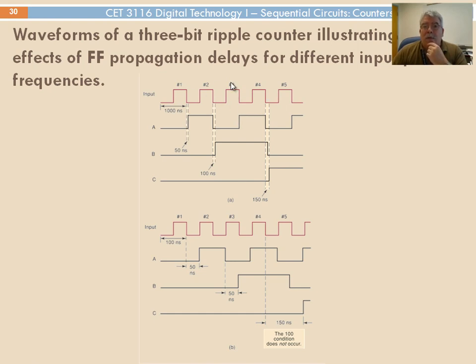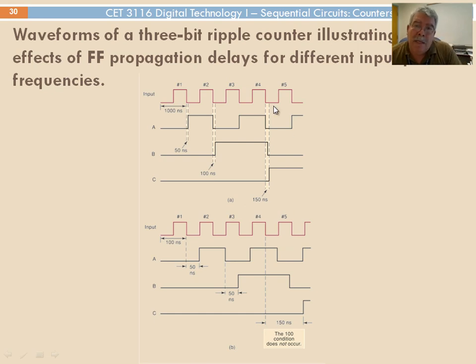And therefore, our clock will go late 50 nanoseconds into the next flip-flop, because the output of the second flip-flop will be the clock of the third flip-flop. At the end, if you add each one of the propagation times, we will have 150 nanoseconds.